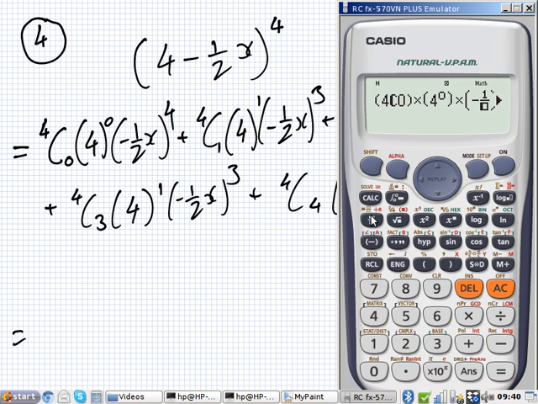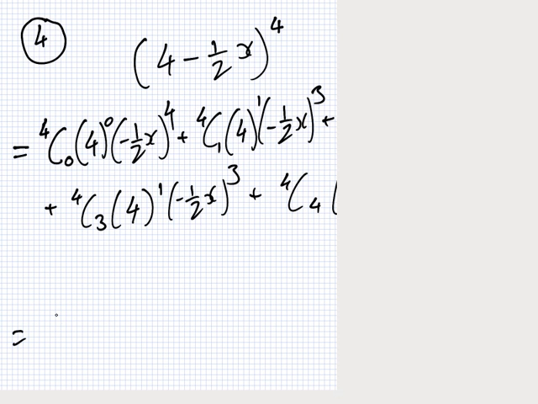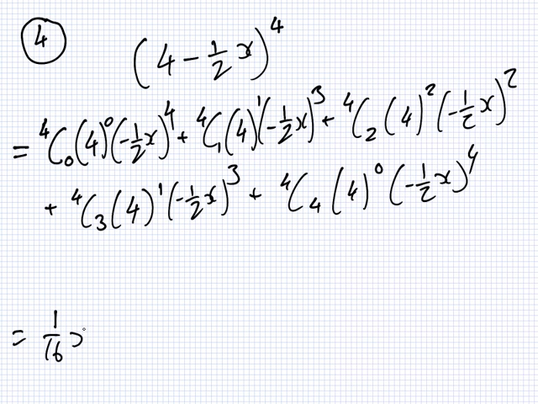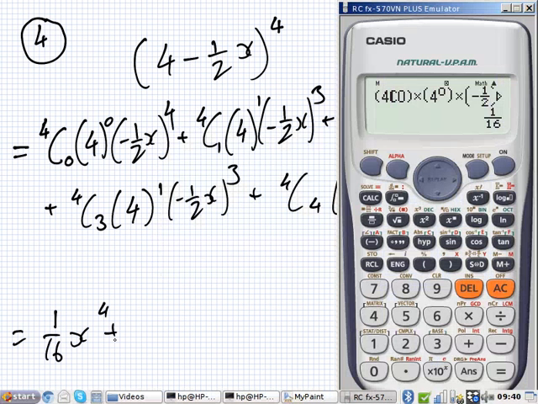Okay, so the first one is 1 over 16? Yeah. 1 over 16 x to the 4. Okay? The next one, I need to change this to a 1, change this to a 1, change this to a 3.